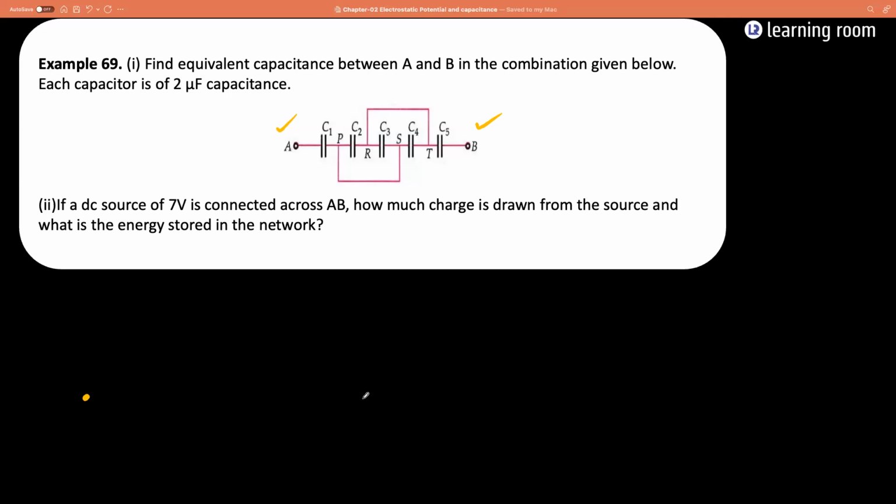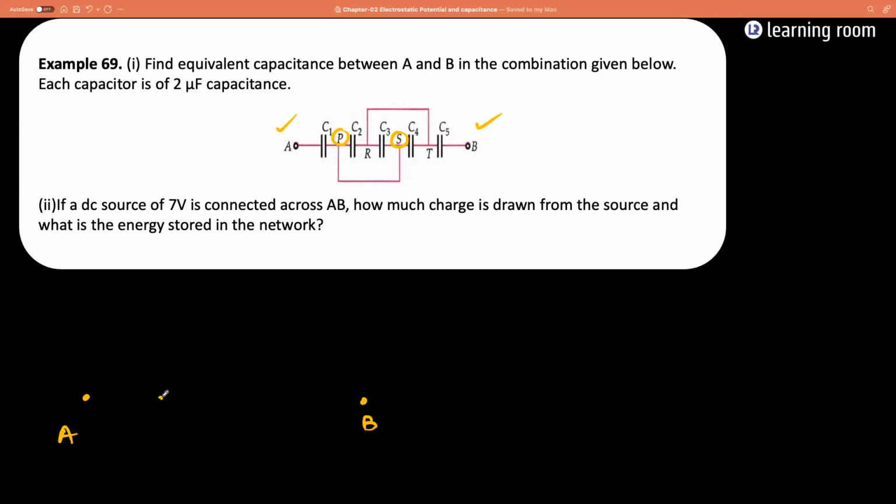So always draw the endpoints separately. A here, B here. Listen. Now, P is there, S is there. Observe, P and S are connected with a wire. So whichever points are connected with a wire are said to be connected in parallel, because they both have the same potential.